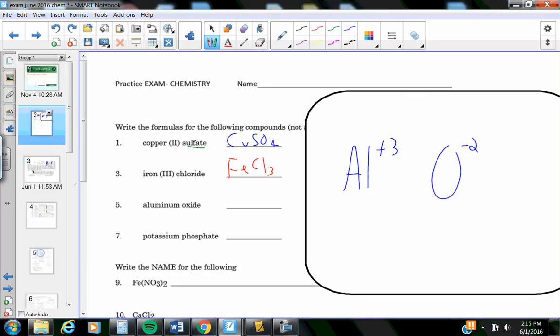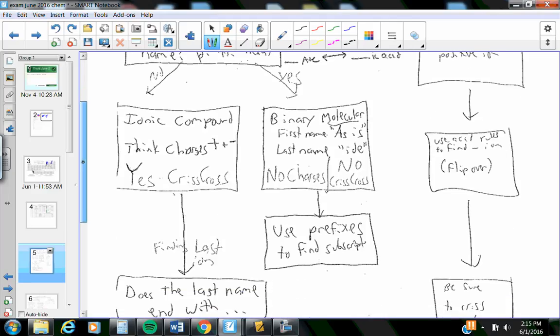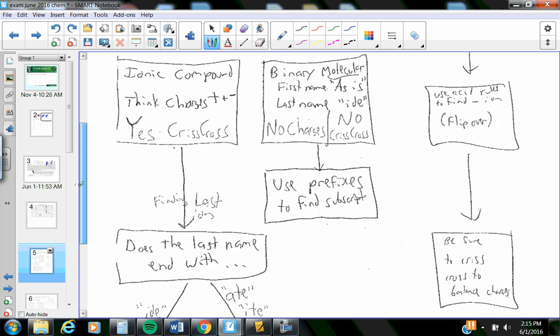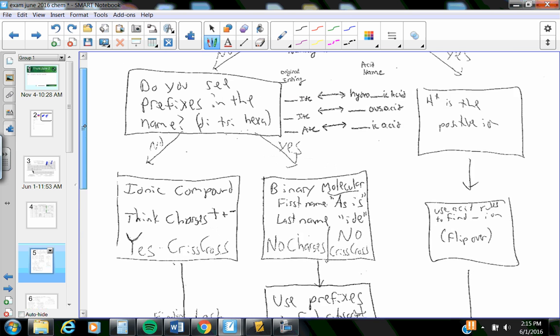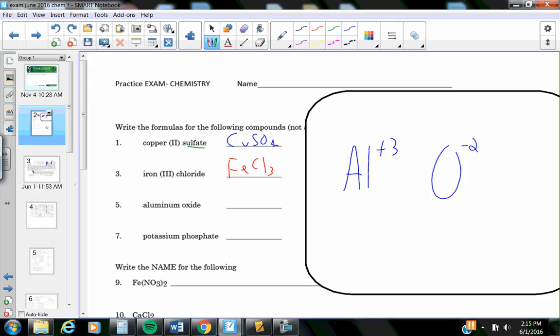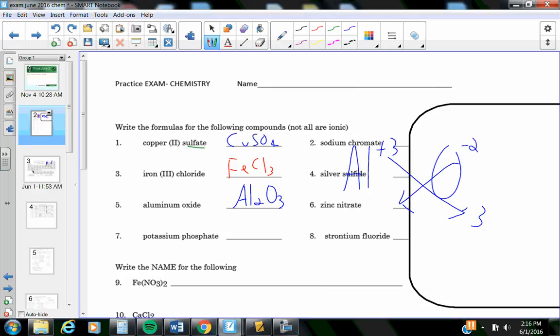Once again, once we saw that it's ionic, we have to think charges and we have to crisscross. 3 of those, 2 of those. Al2O3, aluminum oxide.